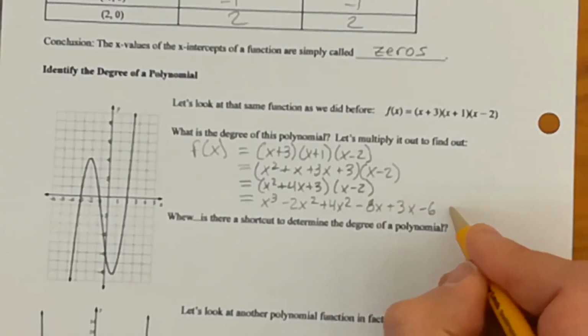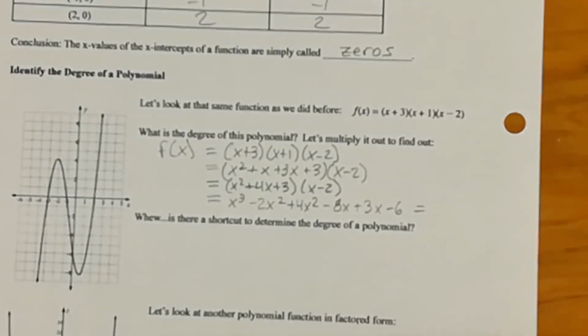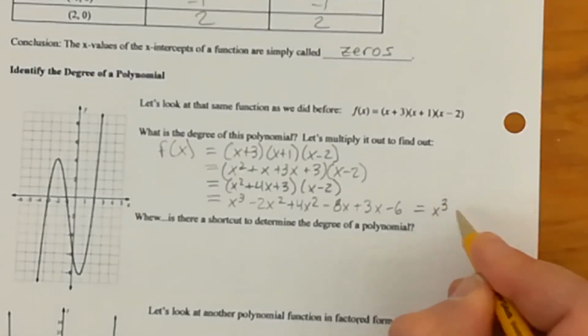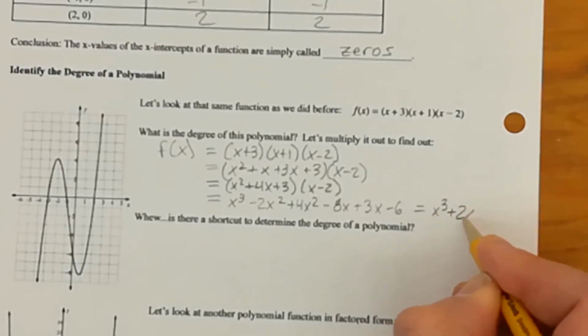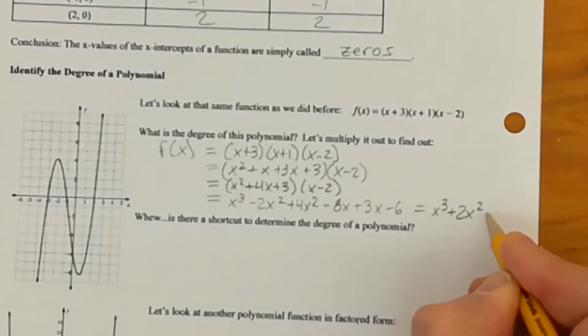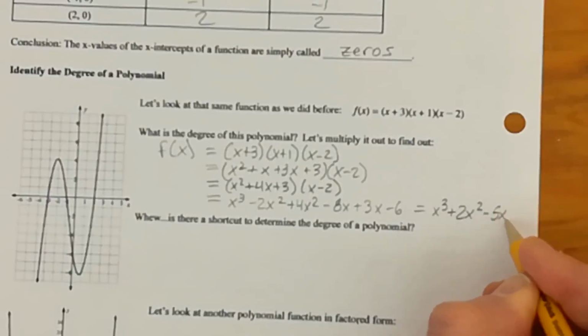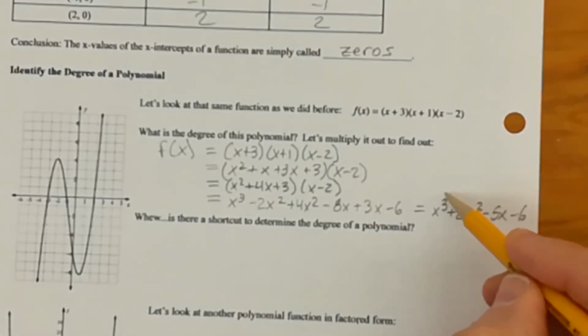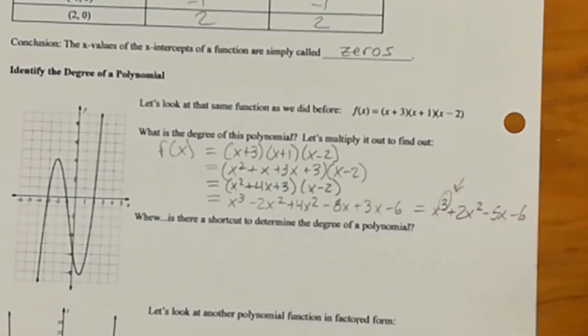And then I can combine like terms. I'm going to try to squeeze that in over here, my final answer. So I get x to the third plus 2x to the second minus 5x minus 6. Now we can see the degree is 3, but man, that was a pain to multiply all out.